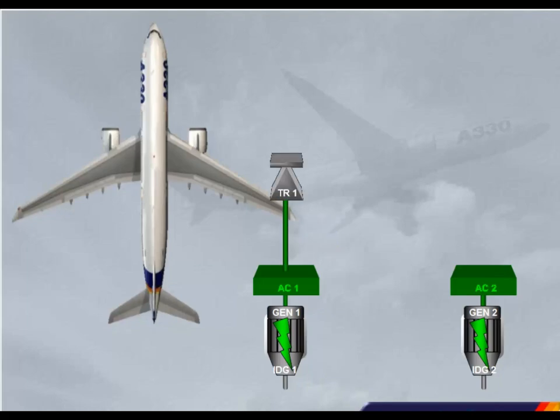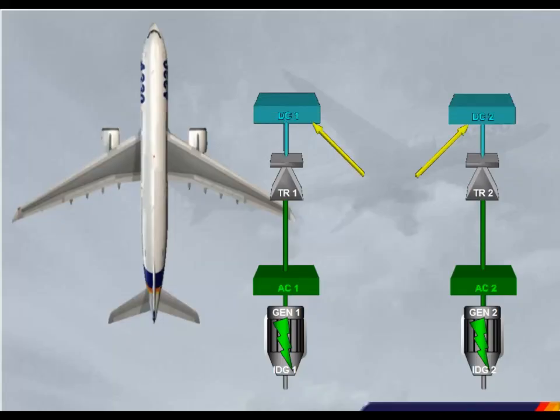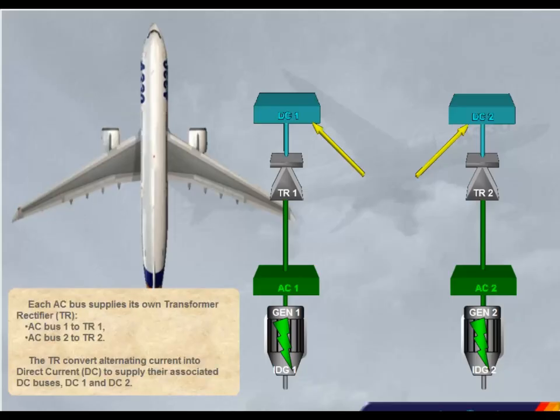AC bus 1 to TR1, AC bus 2 to TR2. The TRs convert alternating current into direct current, DC, to supply their associated DC buses, DC1 and DC2.